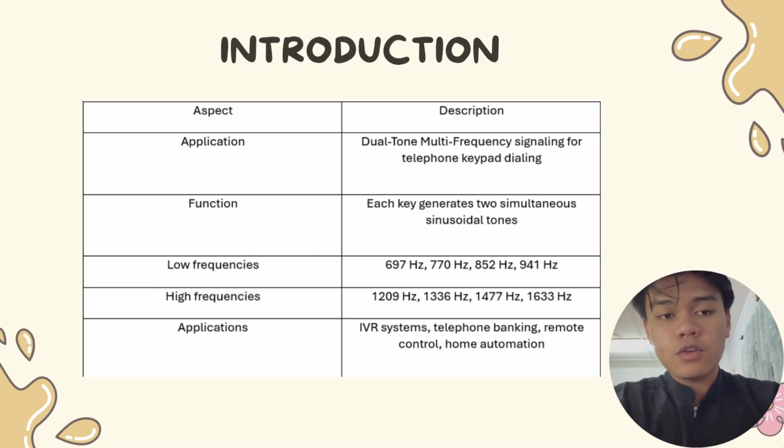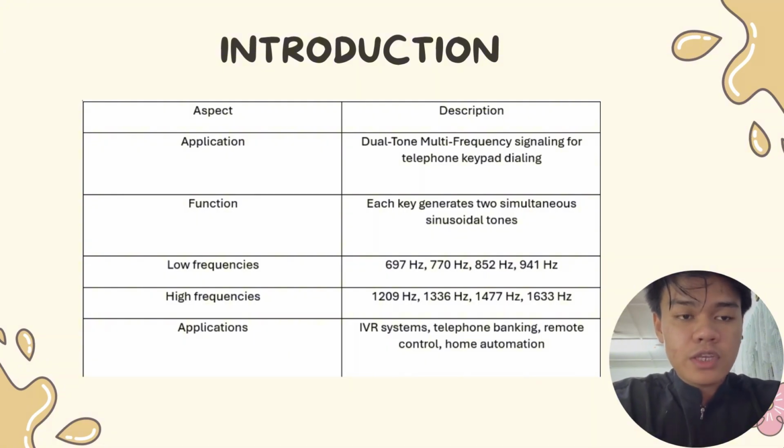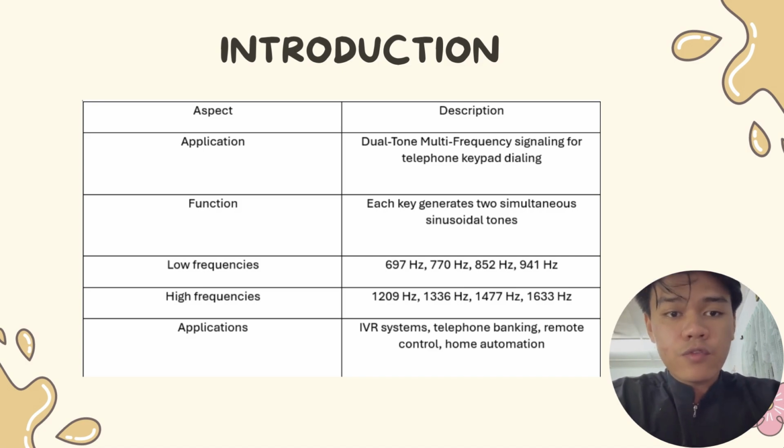DTMF stands for dual tone multi-frequency. It is a signaling technique used in telecommunication, specifically for telephone dialing. So every time you press a key on a touch tone phone, the device generates two simultaneous sinusoidal tones, one from the low frequency group and one from the higher frequency group.